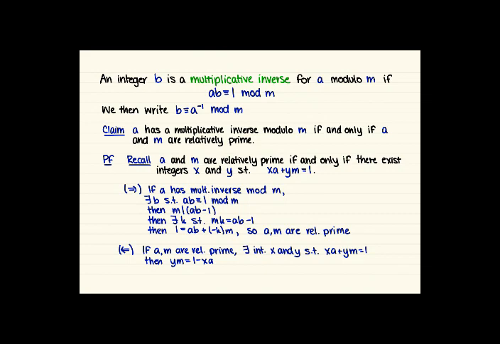We're doing the same thing that we did in the previous direction, just backwards now. And that means that m divides 1 minus xa, and then by the definition of congruence modulo m, we've got 1 congruent to xa mod m, so a has a multiplicative inverse mod m.